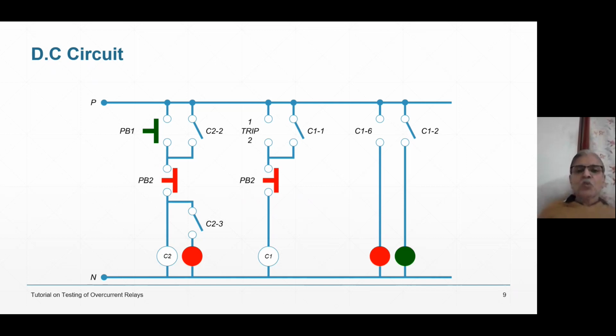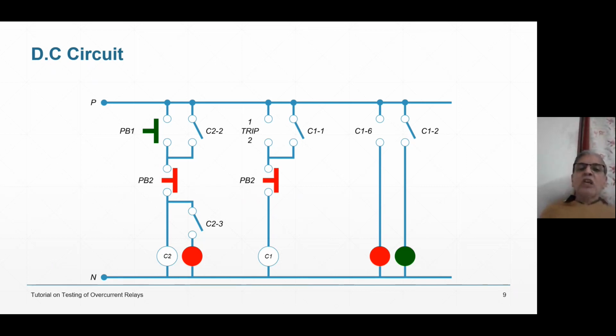So once again, coming back to the DC circuit, C21, C22, C23, C24, the purpose we have seen. If you want to manually make the circuit off, push the push button PB2. So C2 will de-energize and current will stop passing through the relay. That is manually making the circuit off.